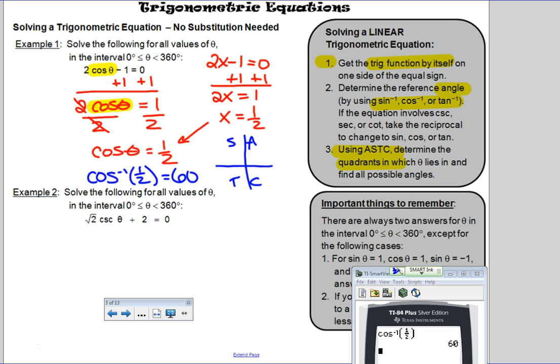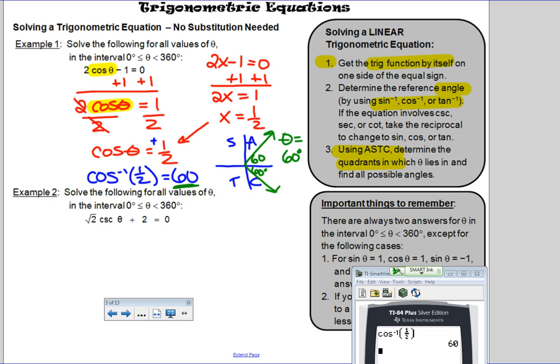Okay, so ASTC, we have a positive value for cosine. Cosine is positive in 2 quadrants. It's positive in the all quadrant, and it's also positive in the cosine quadrant. Now that 60 is going to be the angle in both of those quadrants. So in quadrant 1, the answer is 60.